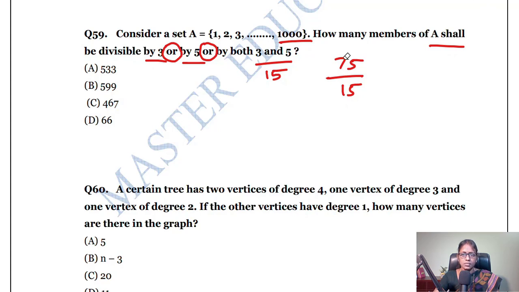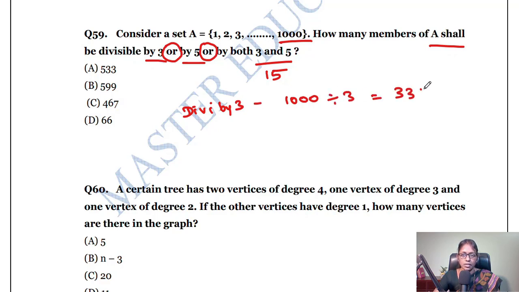Yes, now we have to check it out. There are totally 1000 numbers. First, divisible by 3: 1000 divided by 3 is 333.